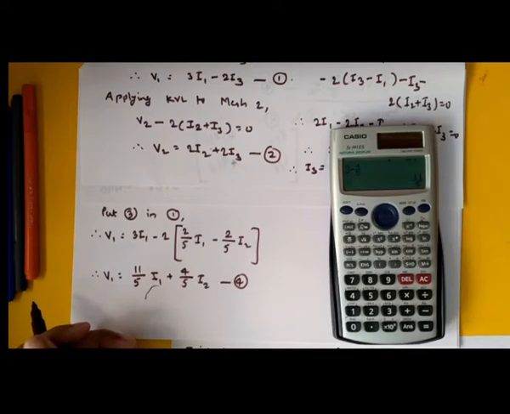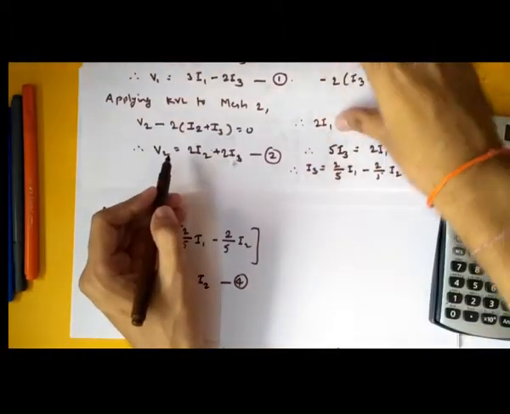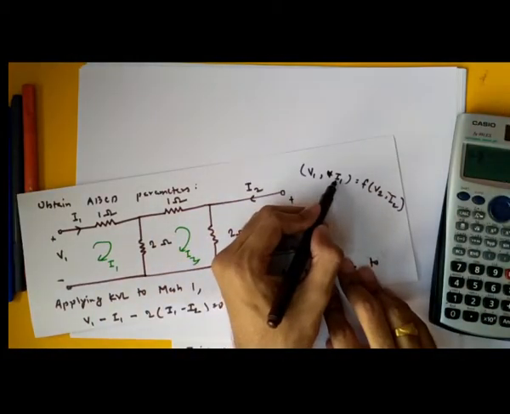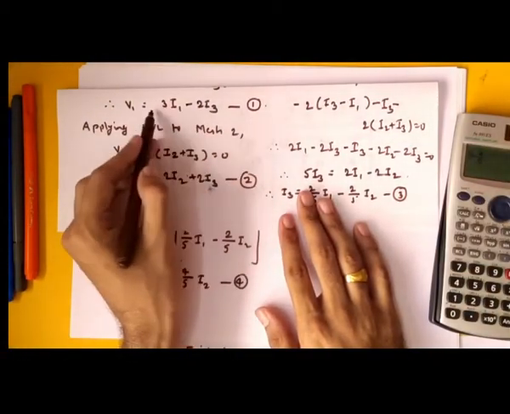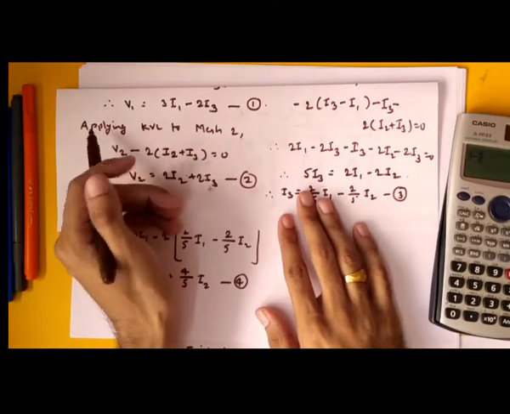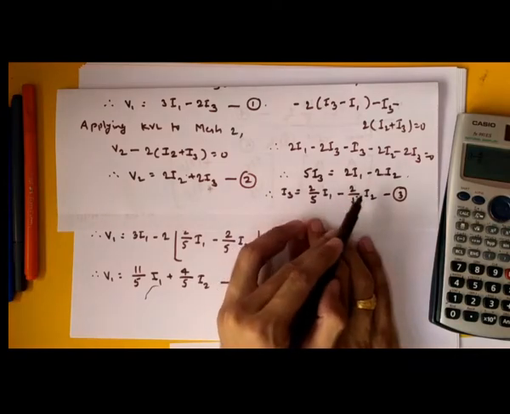So still we require something, right? So now next what we can do? Again we want I1 as a function of V2 comma minus I2, right? So this equation is also not helping. So next what we can do? Let's see equation 3. That is I3 is 2 by 5 I1 minus 2 by 5 I2.